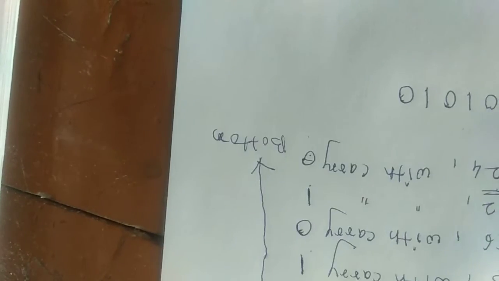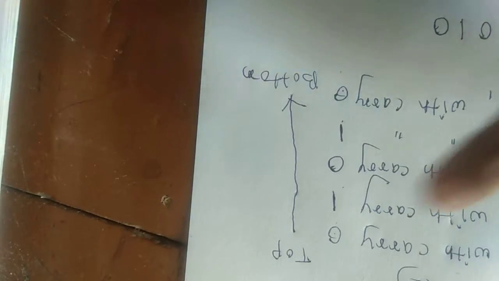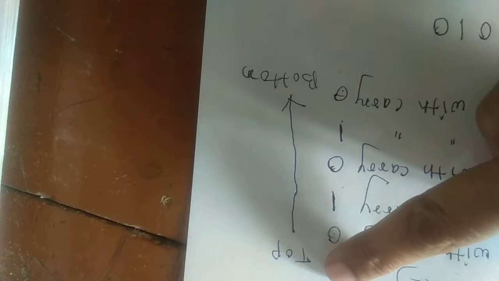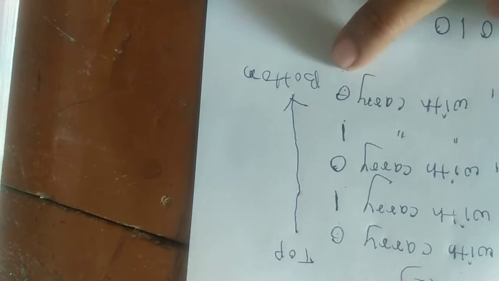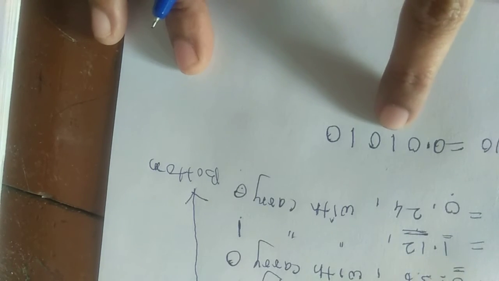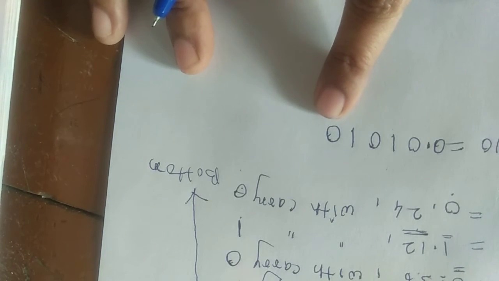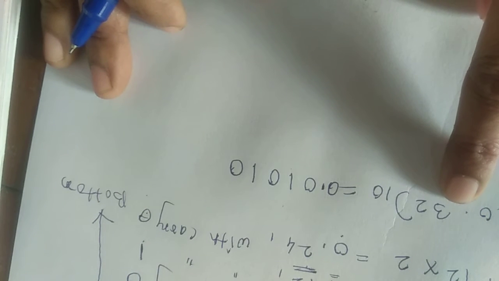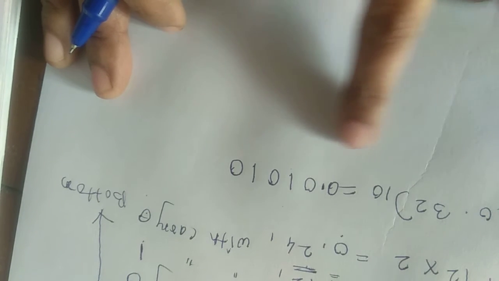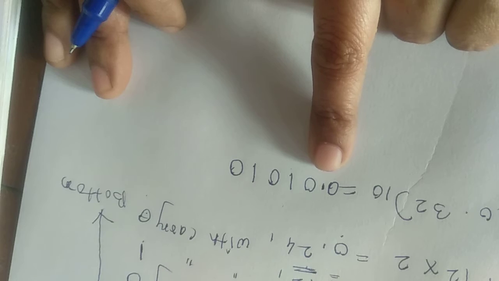Once again, I will tell you the answer: write the carries from top to bottom, 0 1 0 1 0. But as this is a fractional number, with a point, the answer will also be in fractions.